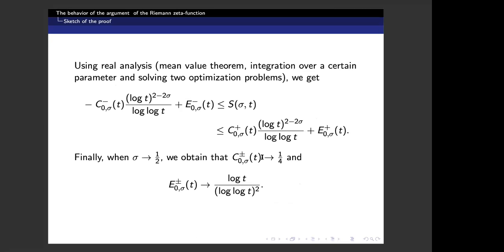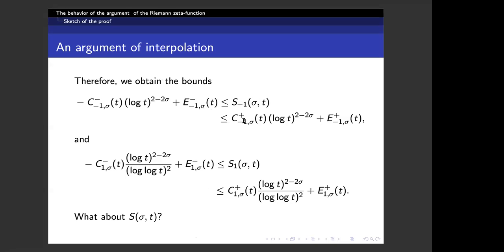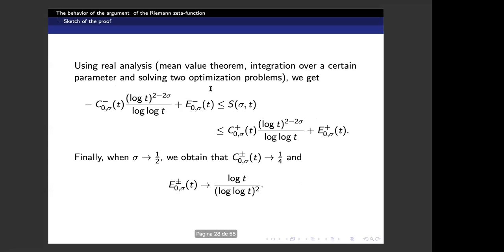And this is exactly what we can do using real analysis. For instance, the mean value theorem, we need to do some integration over a certain parameter, and we need to solve two optimization problems that appear here. If you give me information about the integral and the derivative, I can give you information about the function. So finally, we use real analysis to use these bounds here to obtain this type of bounds for S sigma t.